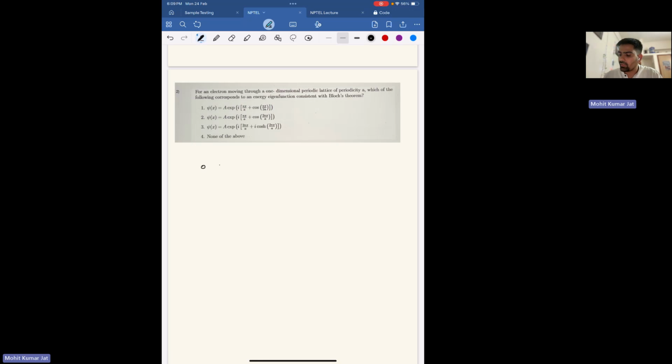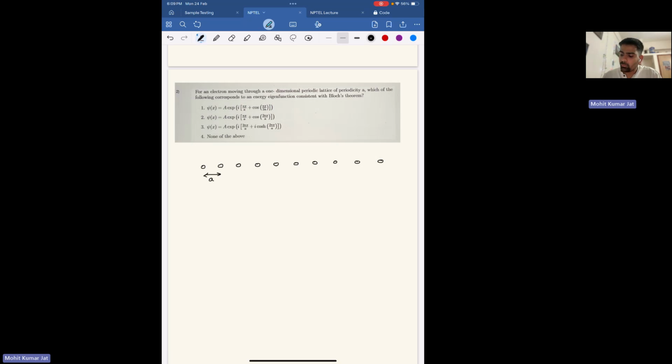Let's say that these are the lattice points in the crystal in which the electron is moving, and this spacing is a. That's what the question says.